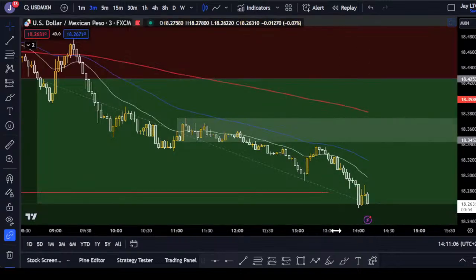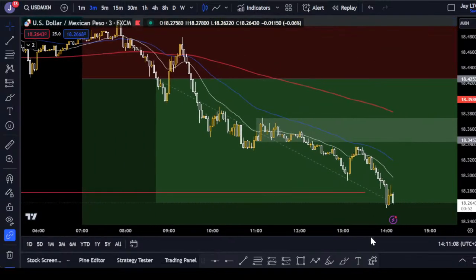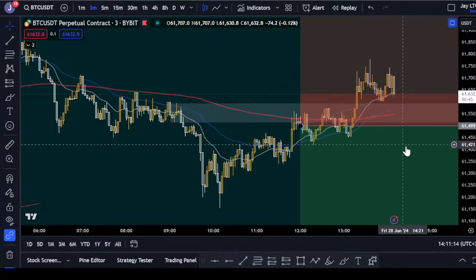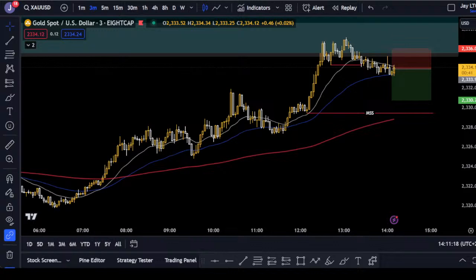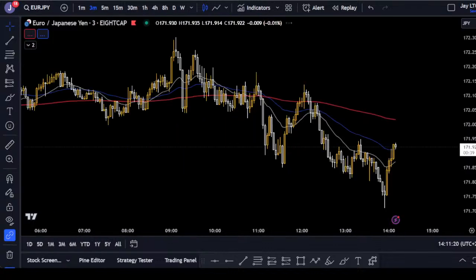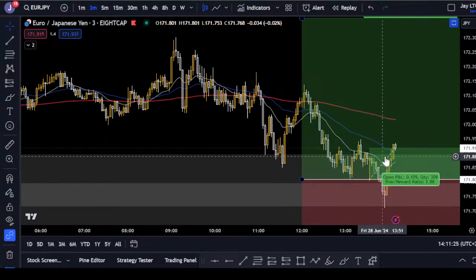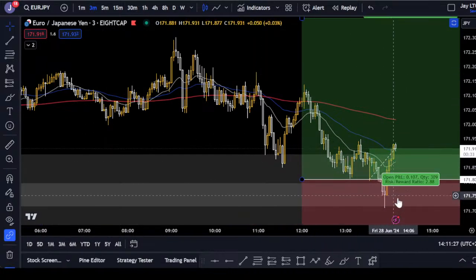All right. Looking beautiful here. BTC, nice chopping around here. Let's see if it can break down. Gold is what it is. EJ. Oh snap, I think I just totally missed the EJ entry I was looking at.